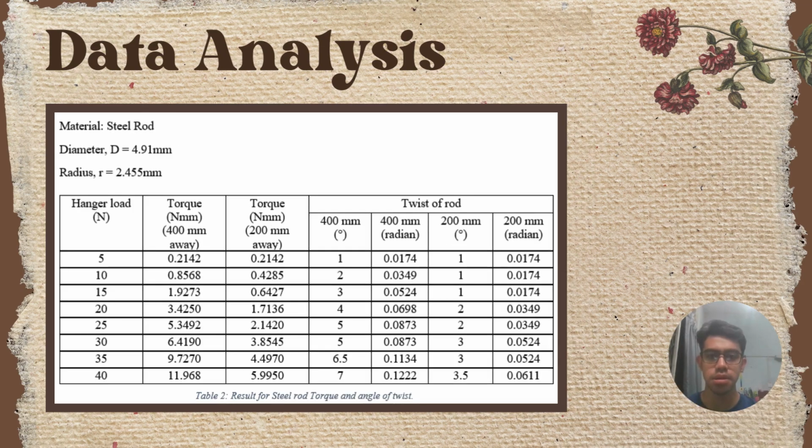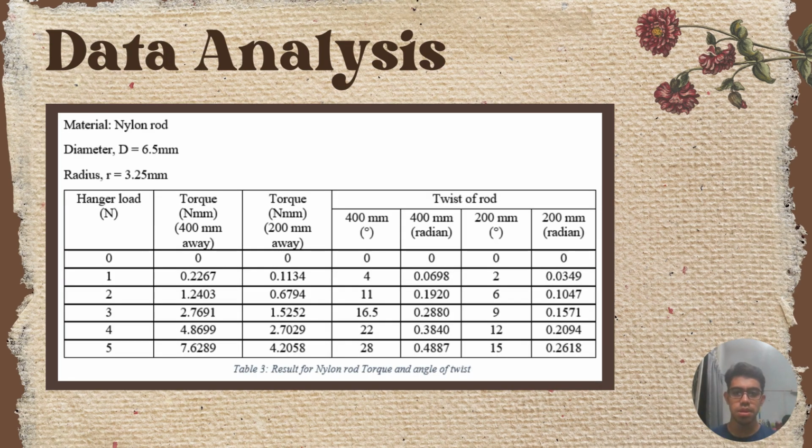The second table shows the steel rod data, and the diameter is 4.91 millimeter and radius is 2.455 millimeter. So this is the last table for this experiment, which is nylon rod. We can see that nylon rod has the biggest angle of twist among aluminum alloy rod and steel rod.